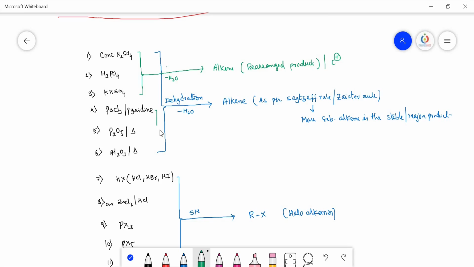When you use the other reagents for the dehydration process, no doubt you will get the alkene again, but without rearrangement.